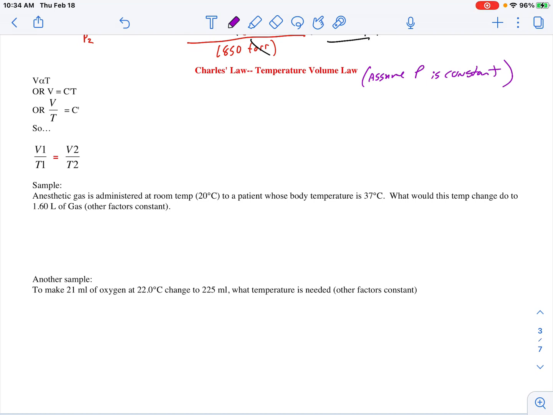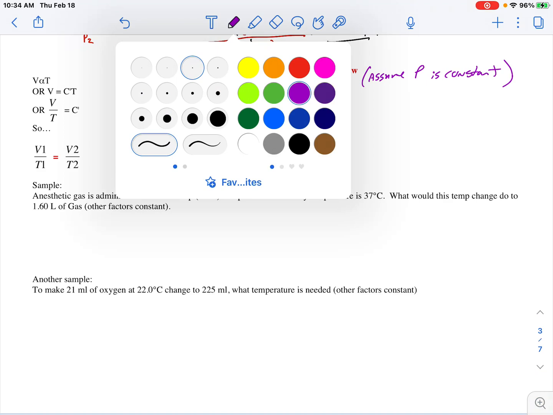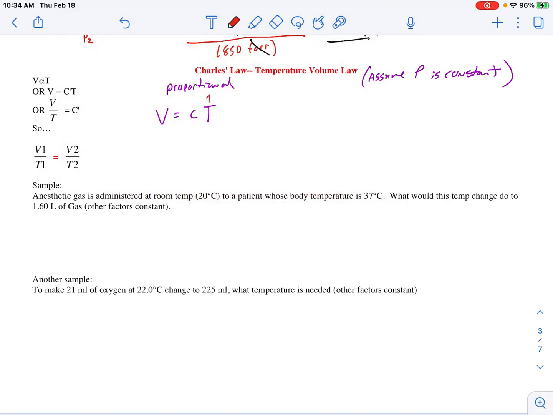So volume and temperature are proportional, or directly related. So volume equals a constant times T. That means if T goes up, the volume goes up, right? Directly related or proportional, right?